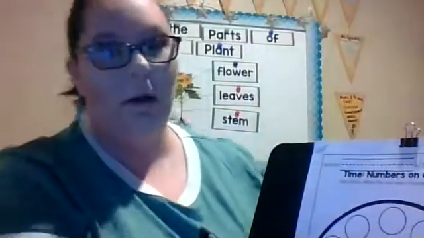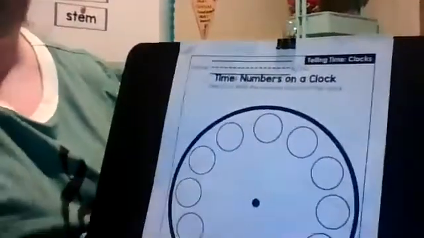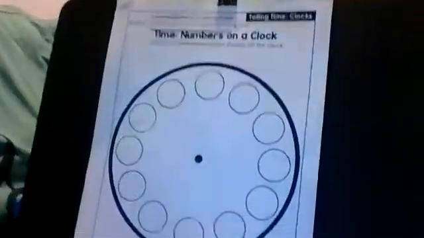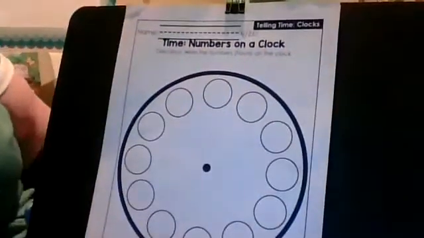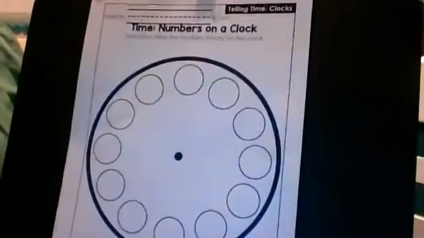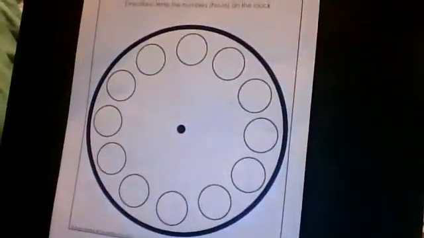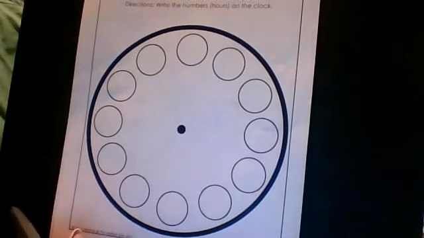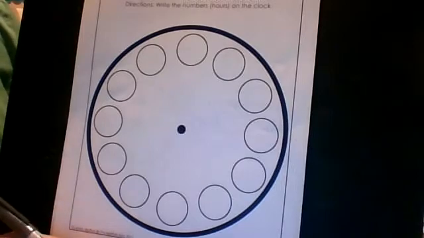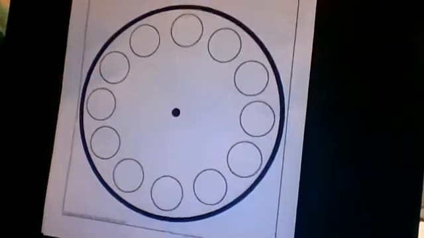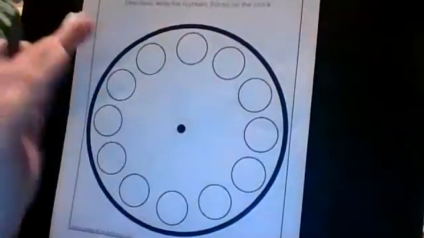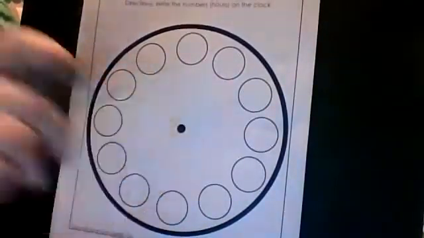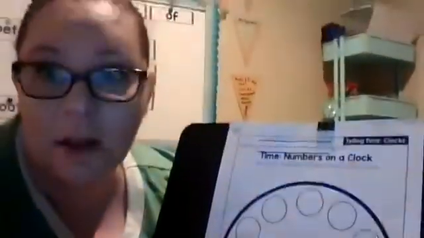First up we have our digital clock. For this page, so we can remember what it looks like, we're going to write the numbers for the hours on our clock. Now we are not starting with 1. I know, that's so confusing.